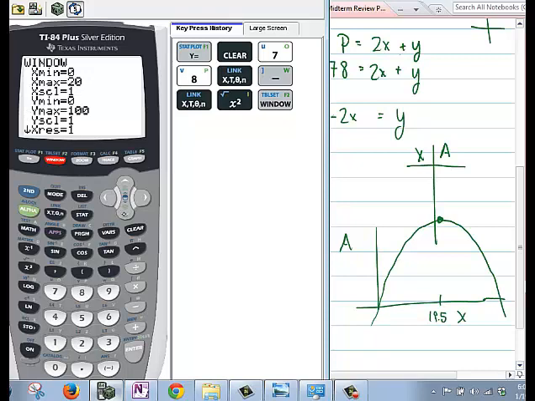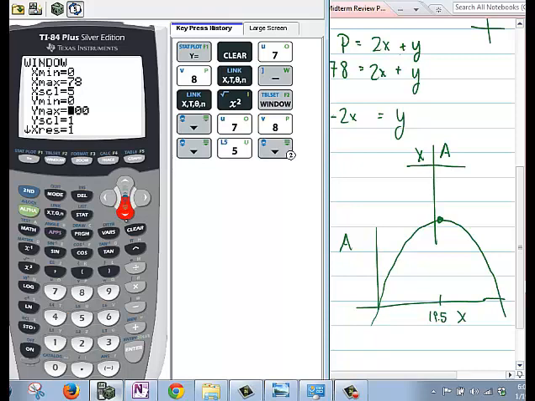So remember, I have up to 78 feet of fence. So I want my x value to go up to 78 feet or meters or whatever Sue's using. I think it's feet. I'm going to make my x scale go up in increments of 5, just so that it doesn't look so busy on the graph.